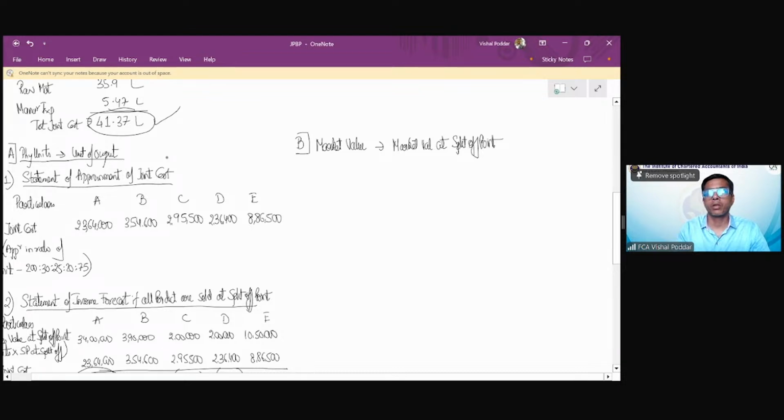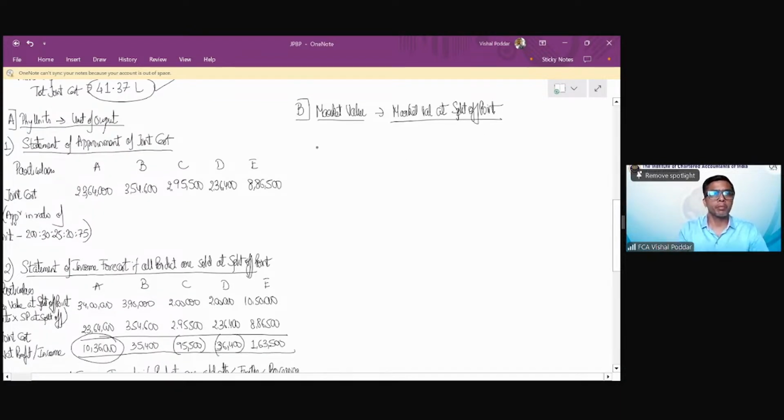So now we go to our second method. In second method, we will apportion the cost using the ratio of market value. Now remember, students, all our workings are going to be same. So first is statement of apportionment of joint cost.